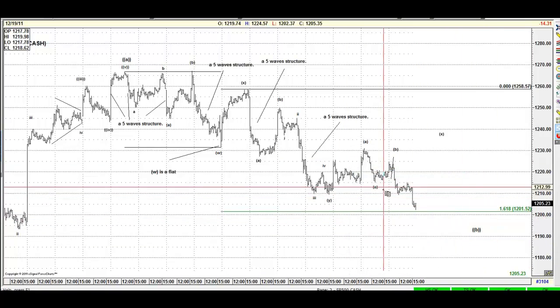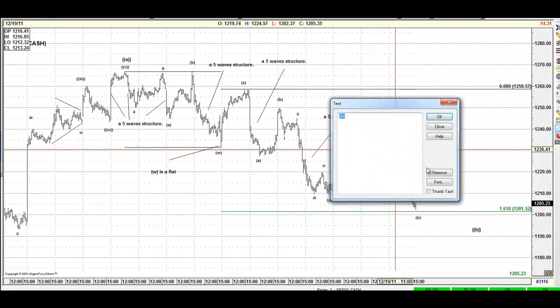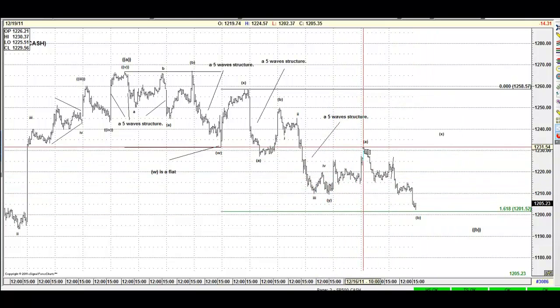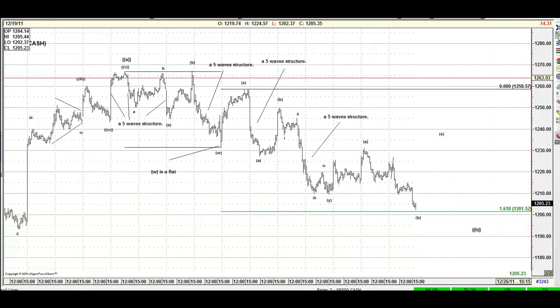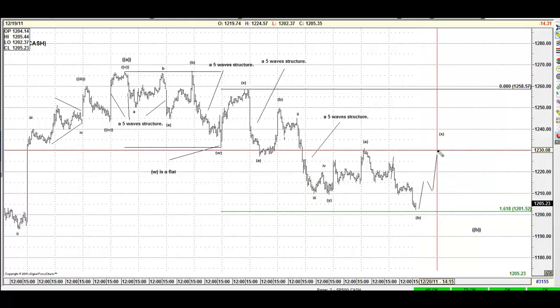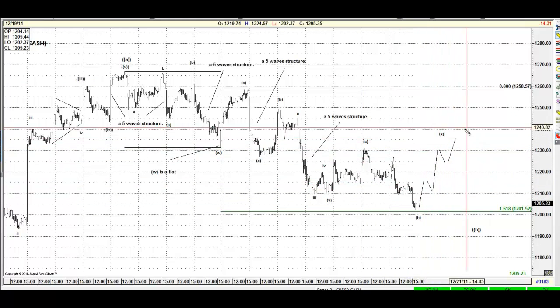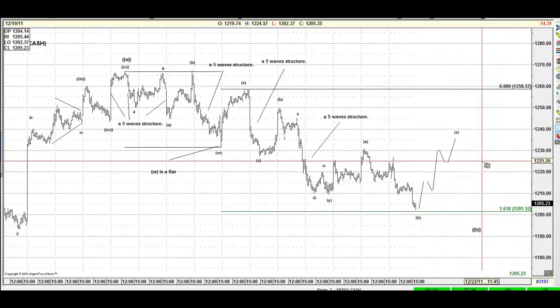In other words, this is A, this is B, and then you should divide this, it's a clear 3. You're going to get a rally in risk tomorrow. Tomorrow should be a risk on trade, because all 3 counts in Elliott Wave are calling higher.